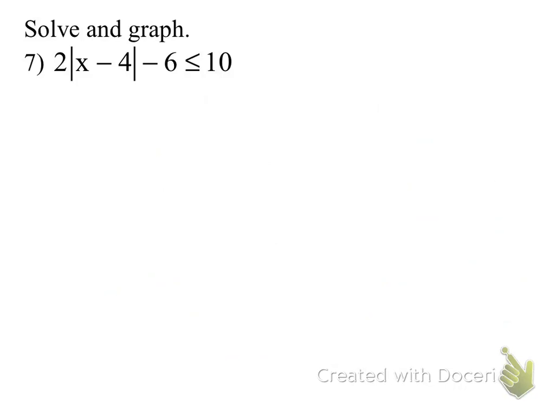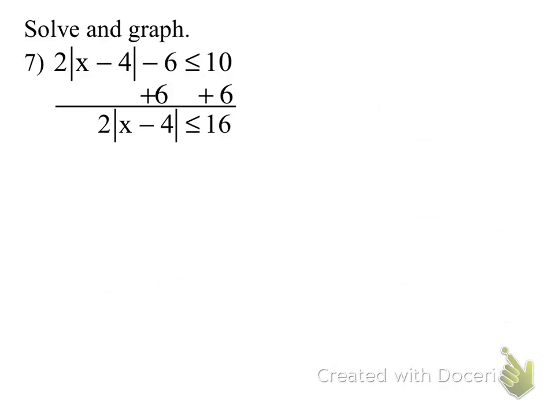Add 6. Now, what kind of problem is this right now? Is it an and or an or? Is it a conjunction, disjunction? Is it an intersection, union? Saffron? It's an and. It's an intersection. Okay? It's a conjunction. So I add 6, like Jairus said.